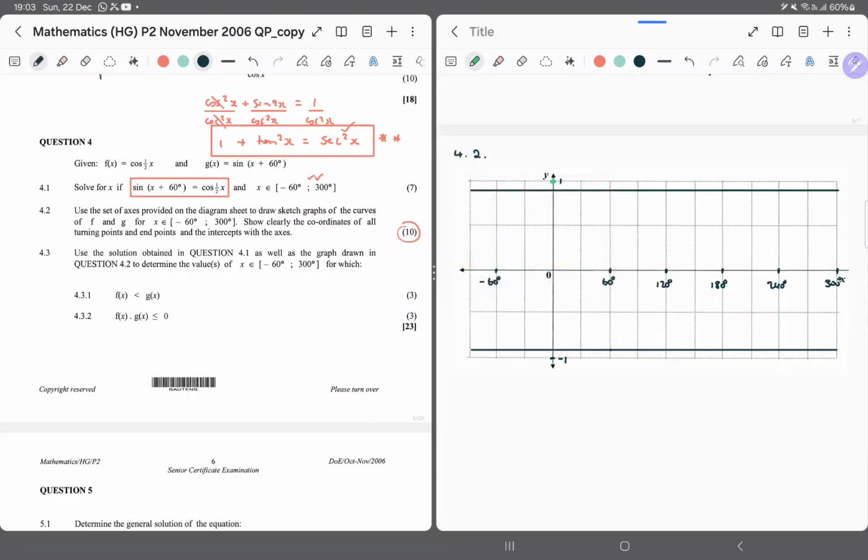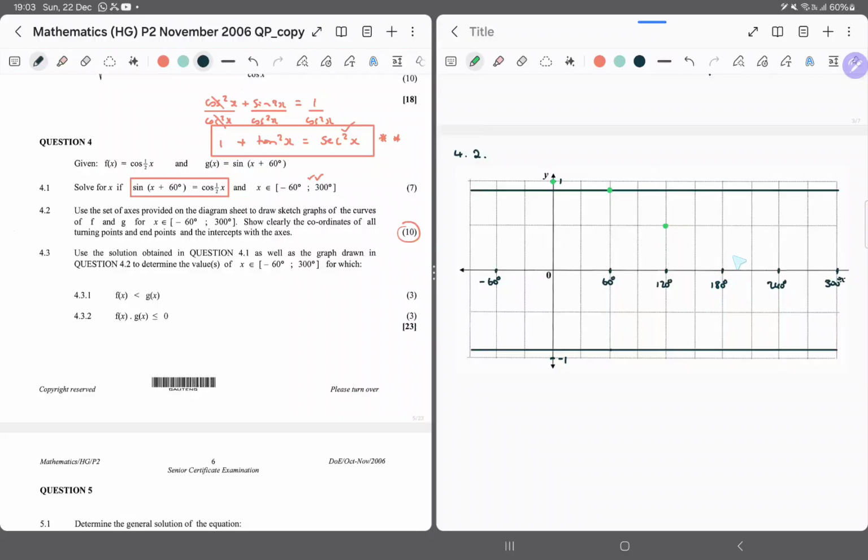Green. Okay, now cos of 30 is root 3 over 2, which is going to be here. Right. And then we come to 120. Half of 120 is 60. So cos of 60 is a half.